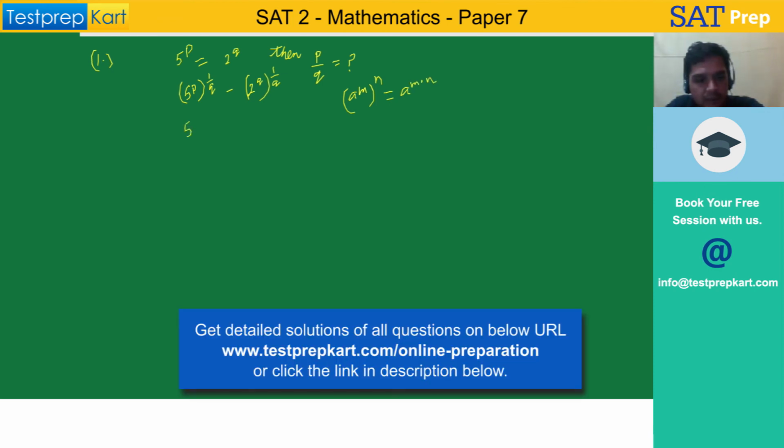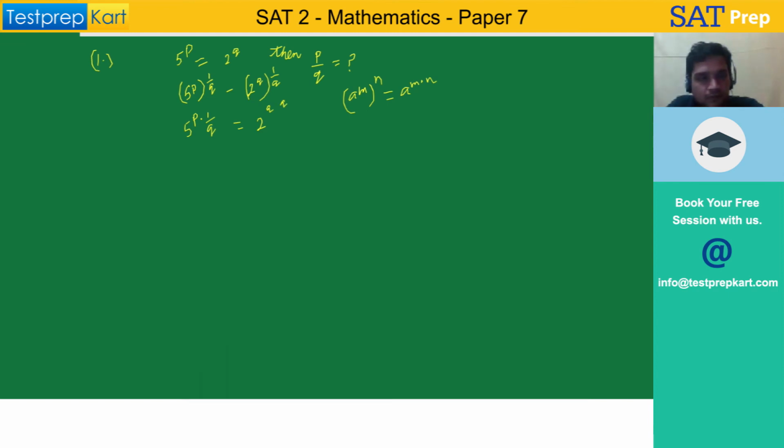Similarly, 5 to the power p into 1 upon q equals 2 to the power q into 1 upon q. So q into 1 upon q is 1, and it would be 5 to the power p by q equals 2.